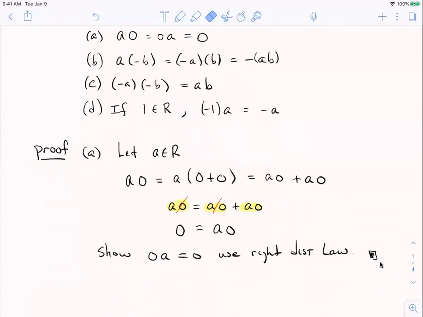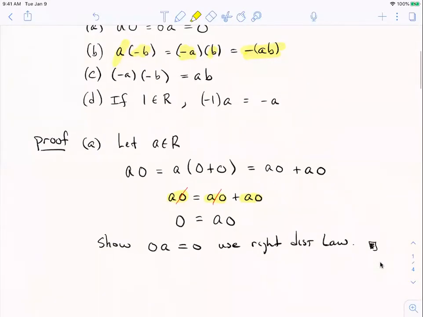It says that if you take an element A and you multiply it by the additive inverse of some other element B, you get the additive inverse of A times B. And this other part says you could have put the inverse on A. So basically, part B is saying that when you multiply an element by the additive inverse of some other element, you get the additive inverse of the product. In other words, those usual minus sign rules that you're used to work.